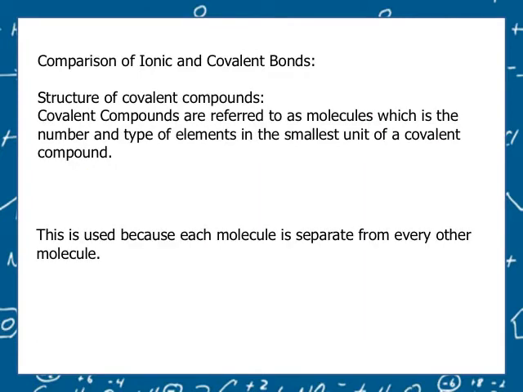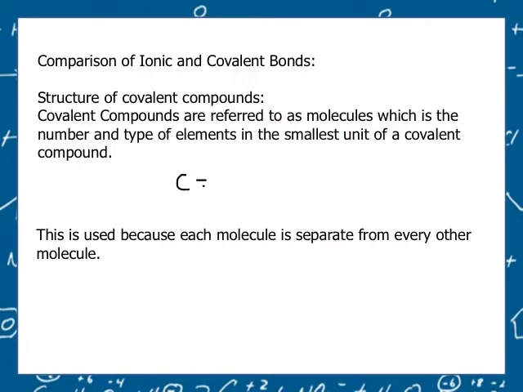Covalent compounds, on the other hand, have definite beginnings and endings, so we get to refer to these as molecules, and the numbers in that is not the simplest ratio like an empirical formula, but just however many of each type of element there are in one of the molecules. And like I said, we get to talk about these as being separate from each other.